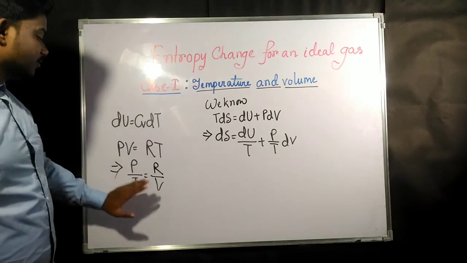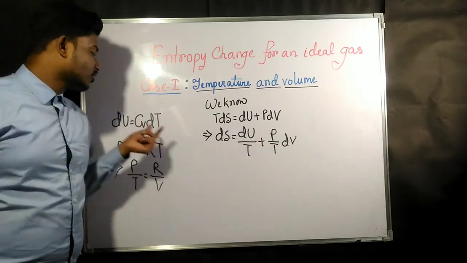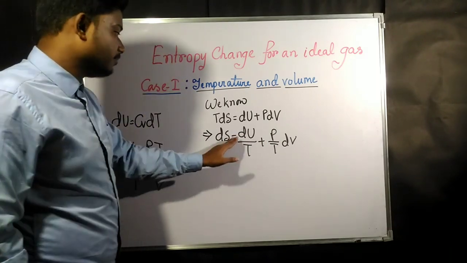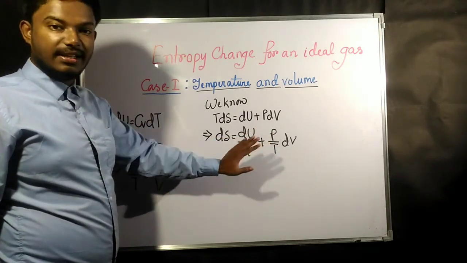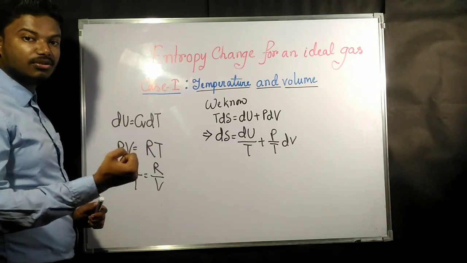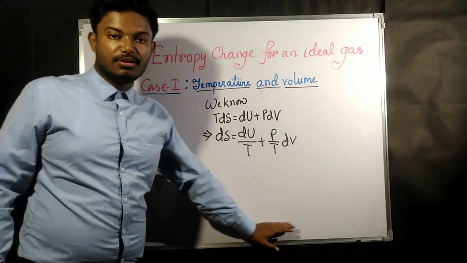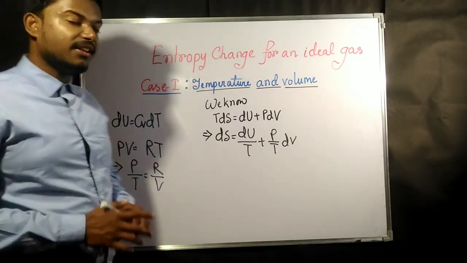We are finding this so that we can replace these values here. Otherwise we will be blind, because we would need to find du, P and T separately. We are going to find a simpler solution so that whenever any question is given, we can find the change in entropy very efficiently.